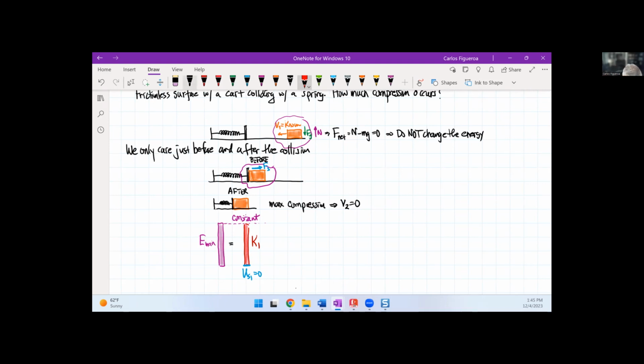So I don't have to worry about what happens afterwards. I don't care how this thing is compressing. All I know is that at the endpoint, at K2, it stops and gets maximum compression. So the rest of this is only spring potential energy at 2.